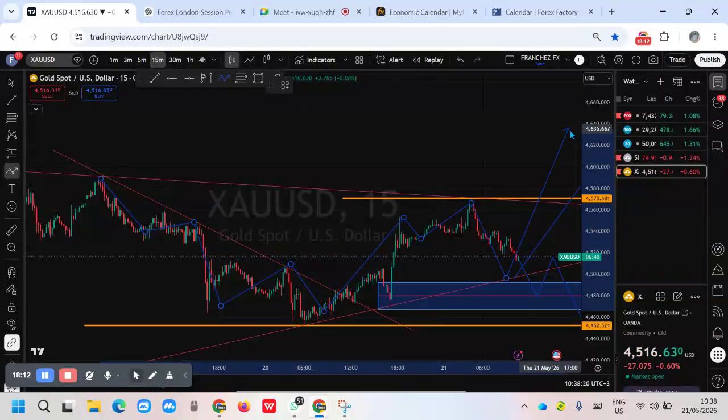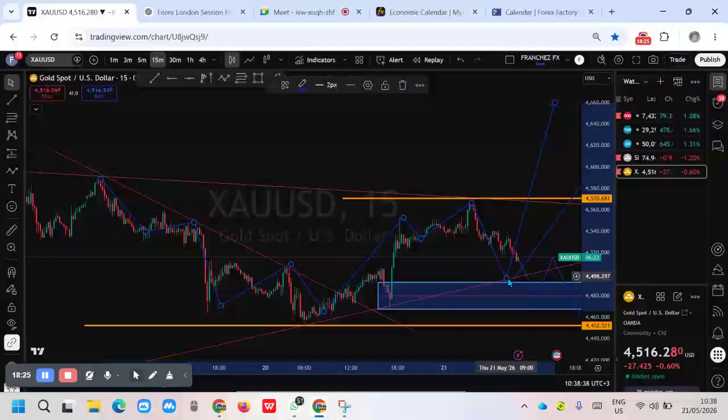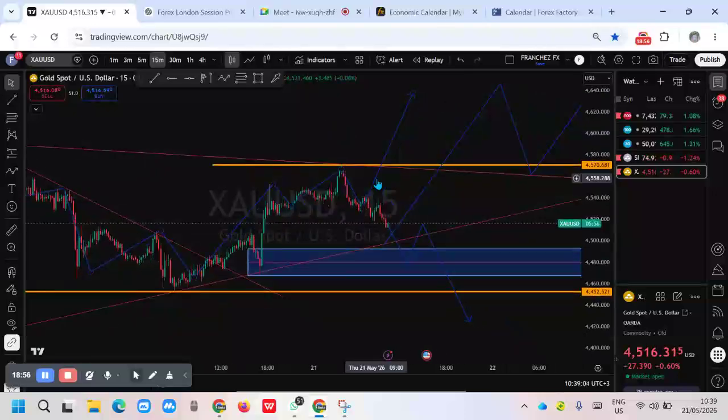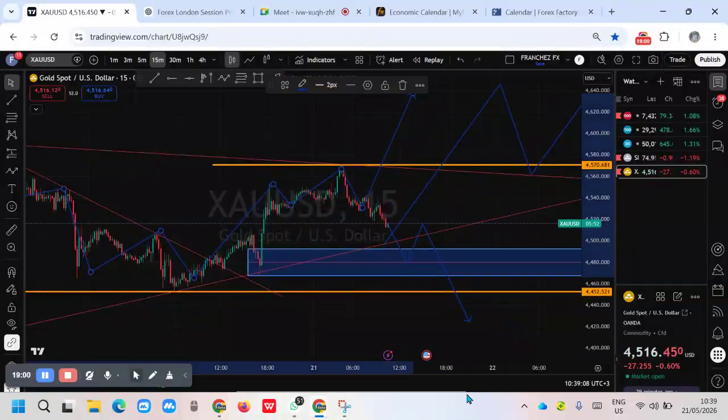Up to that point, I go back to 15 minutes and wait. At this moment on 15 minutes, we do not yet have a break of structure around this area, because on 15 minutes we had this trend line that way, and then it broke, it changed character at this area.